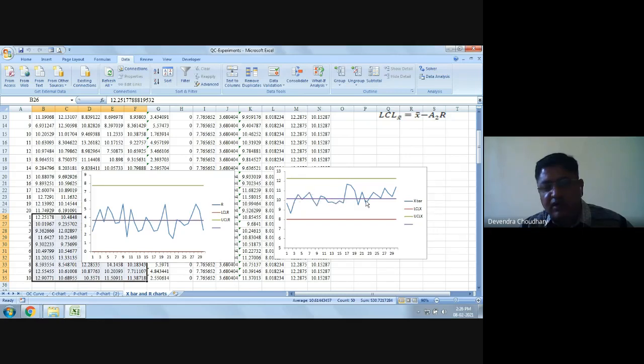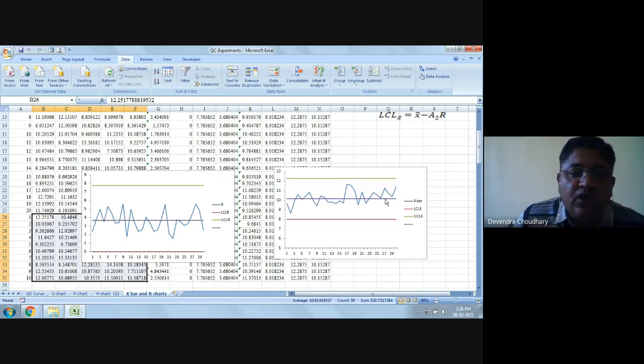But right now, what you observe, all of the values are falling above the center line and below the upper control limit. The process is not yet out of control, but this indicates that mean has shifted upward, and sooner or later your process may go out of control.